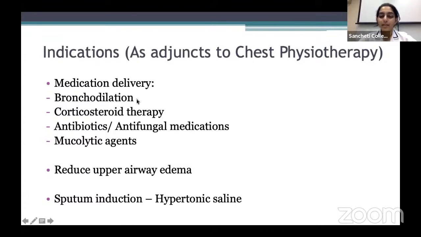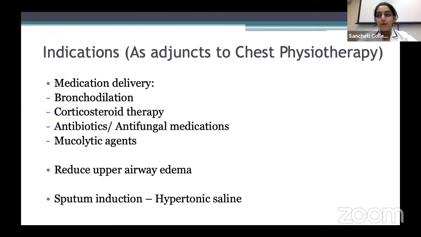So with nebulization, the bronchodilator is split into small droplets and it is then introduced into the respiratory tract. With bronchodilation, when the size of the lumen of the airways increases, I am better able to deliver my physiotherapeutic techniques to the patient.